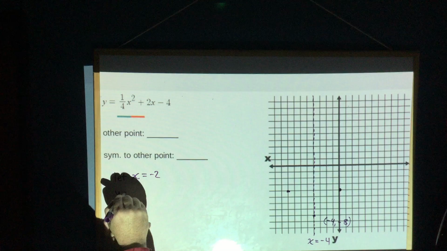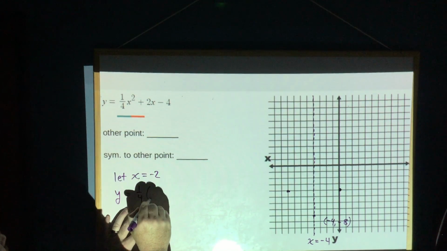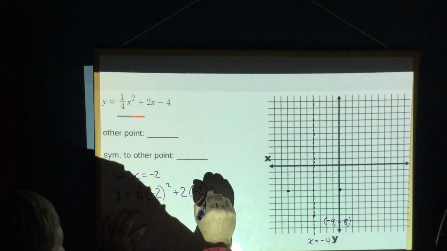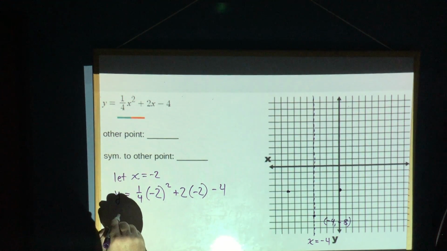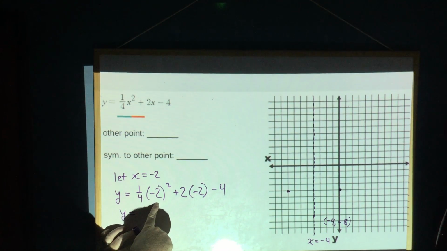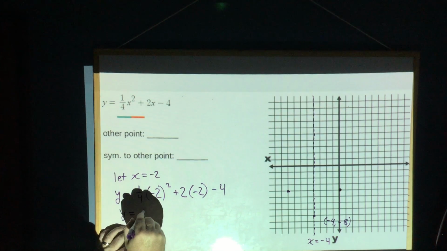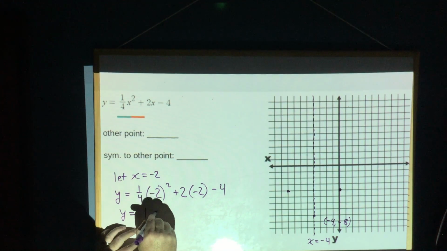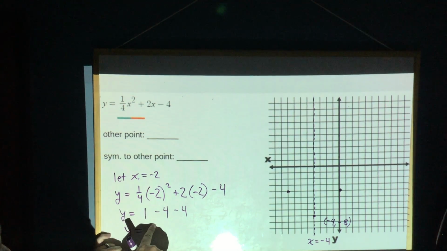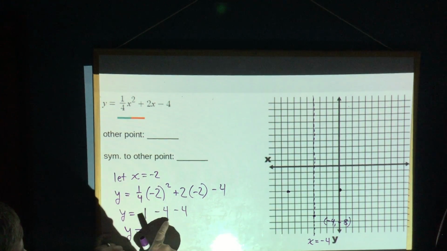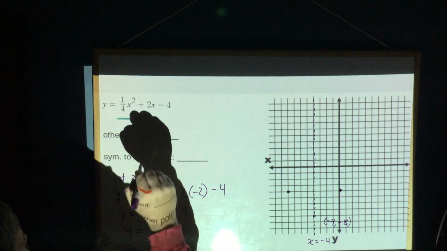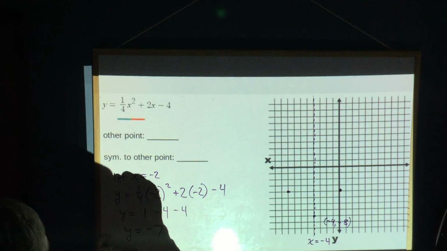So plug that in. You get y equals 1/4 of negative 2 squared plus 2 times negative 2 minus 4. Square negative 2, I get positive 4. Take that and divide it by 4, I get 1. Minus 4 minus 4. 1 minus 4 is negative 3. Negative 3 minus 4 is negative 7. So I forgot to put... No, I didn't.